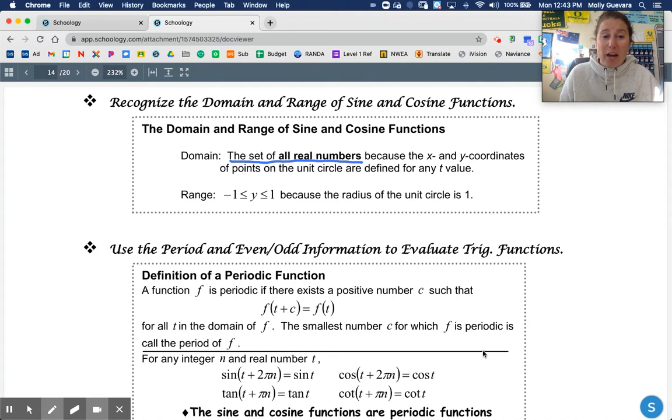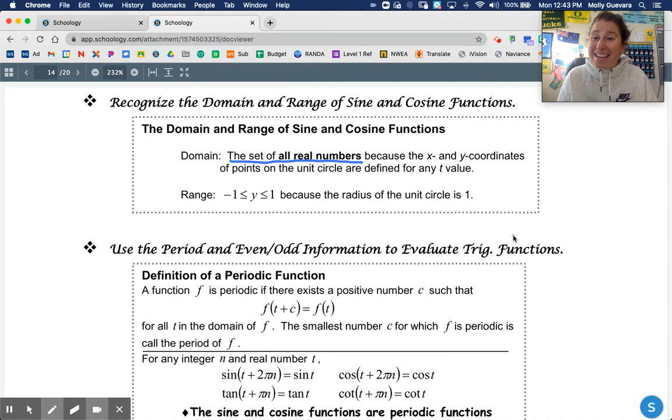I can find the sine of 150 degrees, or the sine of negative 3,234 degrees, or the sine of positive 15,783 degrees. So I can find the sine or cosine of any degree. If you need to make a note of that, please do. The domain is what angle values I can plug in.